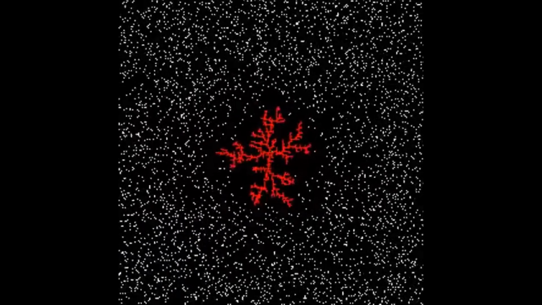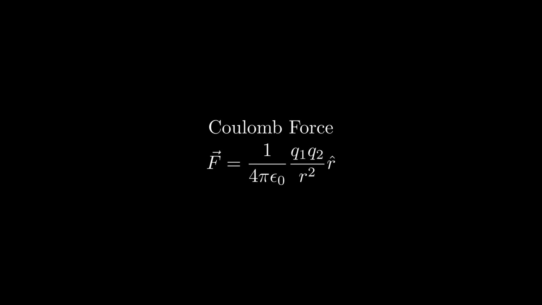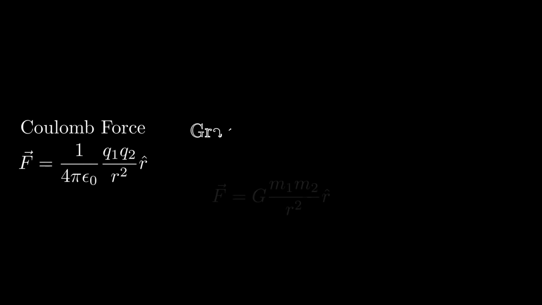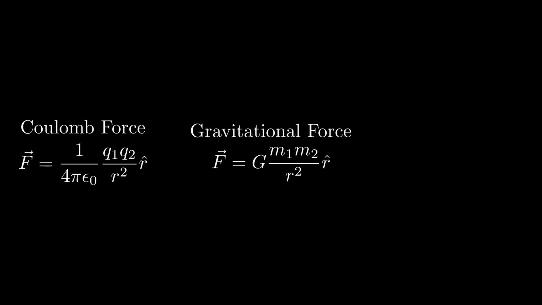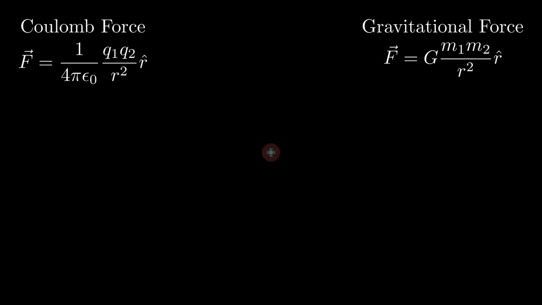Let's take a break from Brownian motion to talk about something fundamental about physics. It's called symmetry. If you look deep enough, you can find symmetry in almost everything. For example, take a look at the equations we have for the Coulomb force equation and Newton's law of gravitation. The Coulomb force equation shows how charged particles interact with each other.